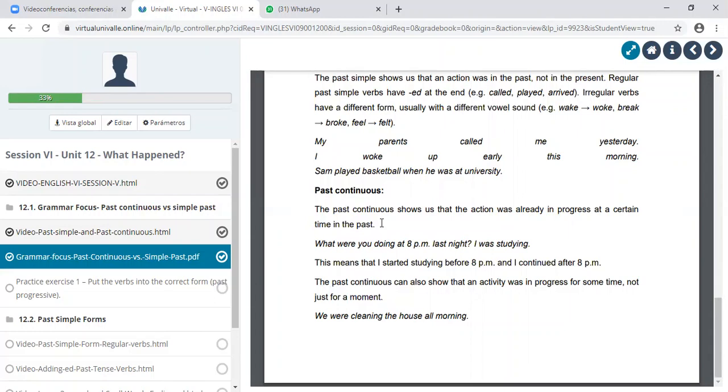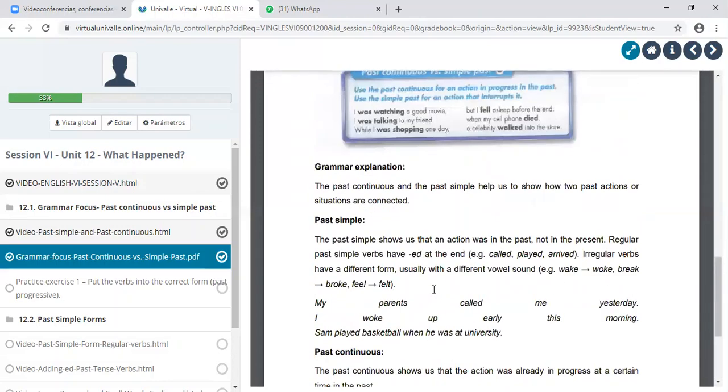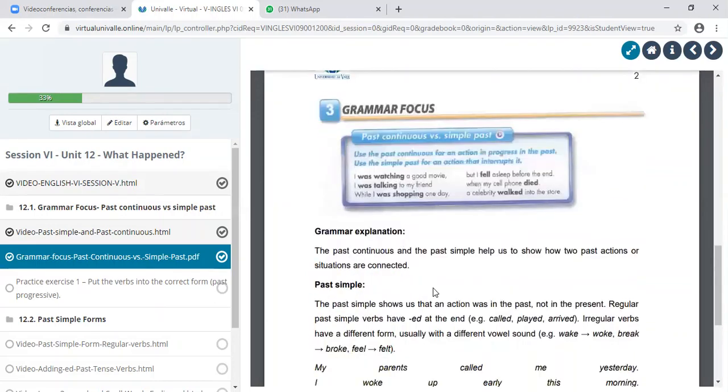This means that I was studying before 8 p.m. and I continued after 8 p.m. The past continuous can also show that an activity was in progress for some time, not just for a moment. We were cleaning the house all morning. Okay, so that is the general explanation about how to connect a sentence in past continuous with the simple past.